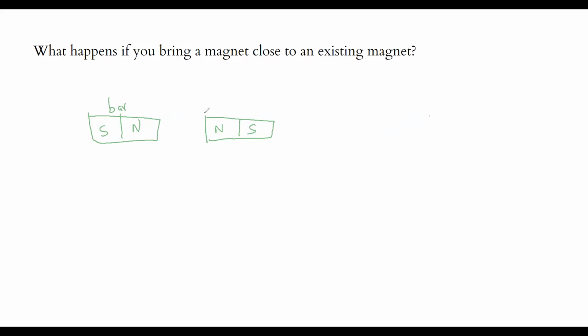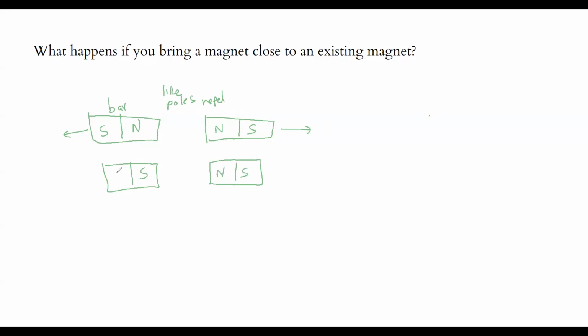Like poles repel, right? Therefore, once we bring a north pole to a north pole, the magnets will repel. If we bring opposite poles together, the magnets will attract.